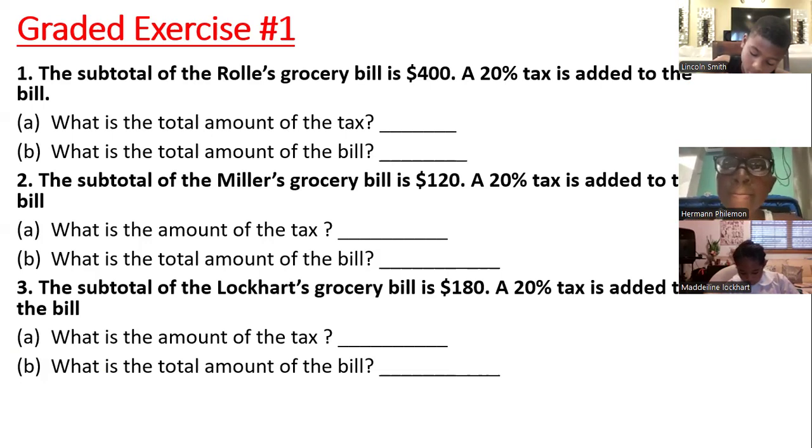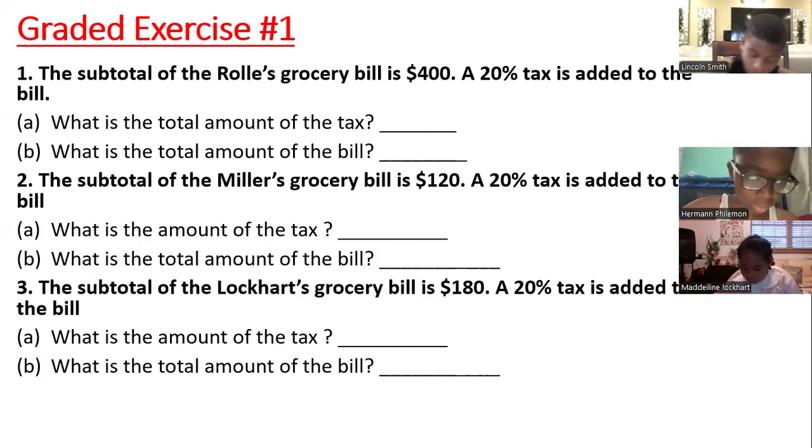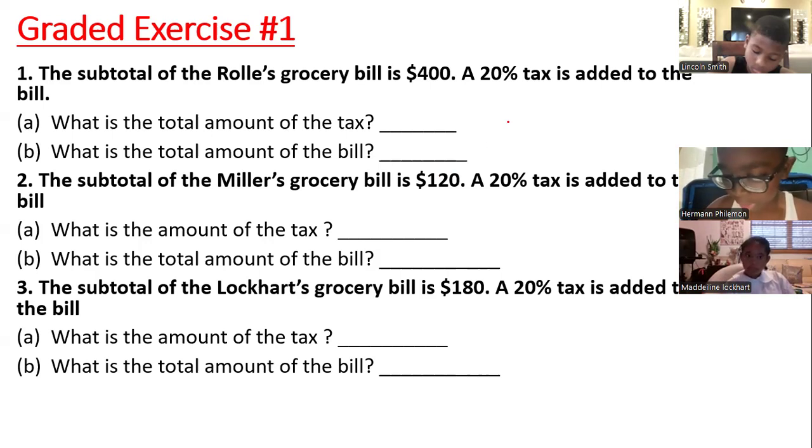You have 20%. Of what, Herman? 160. Not 160. You're on number 1. 20% of what, for number 1? 400. 20% of 400. Very good.